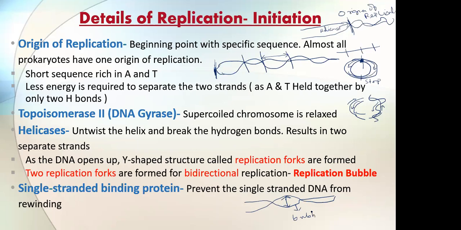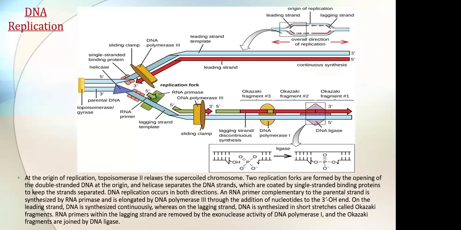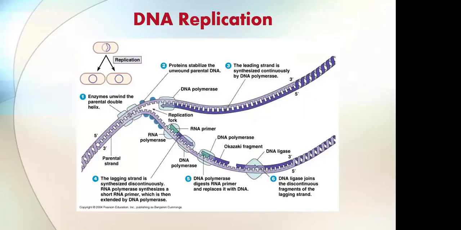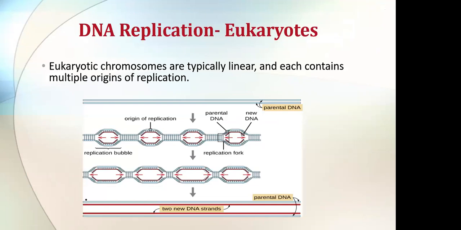Under the microscope it looks like a bubble. That's the replication bubble, and we have multiple replication bubbles. Over here you can see, this is a linear eukaryotic chromosome, and this is one bubble. We have multiple replication bubbles because we have multiple origins of replication.